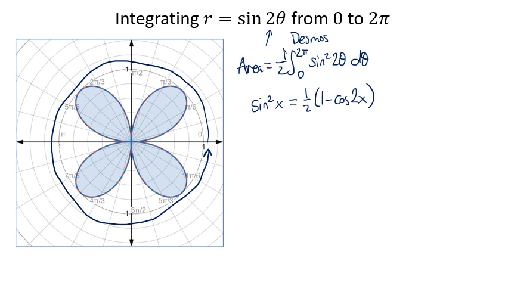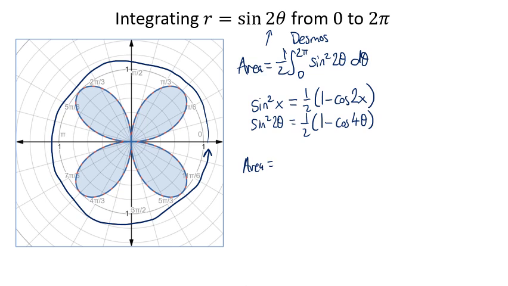This comes from rearranging the double angle formula for cos 2x, and this is the typical way that we integrate sine squared. In this case, I don't have x, I've got 2 theta, so I'm going to replace x by 2 theta in this whole identity. So I've got 1 minus cos of 2 times 2 theta, which is 4 theta. So I substitute that in.